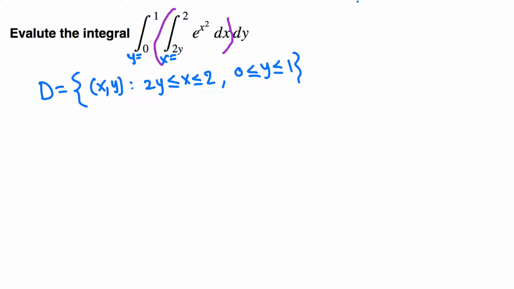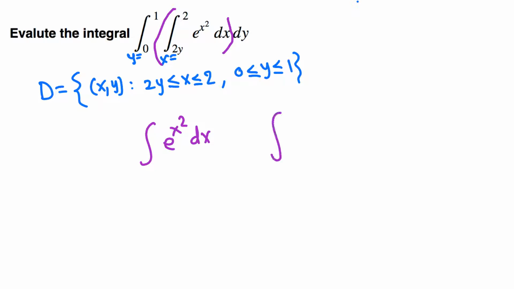But here's a problem. The antiderivative of e^(x squared) with respect to x is almost impossible. We can still do this using infinite series, but that's not the scope here, so we cannot do it. But how about if we are able to switch x and y?